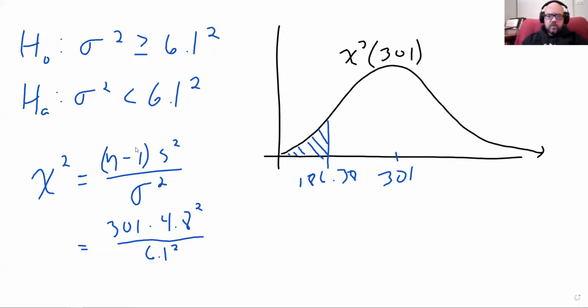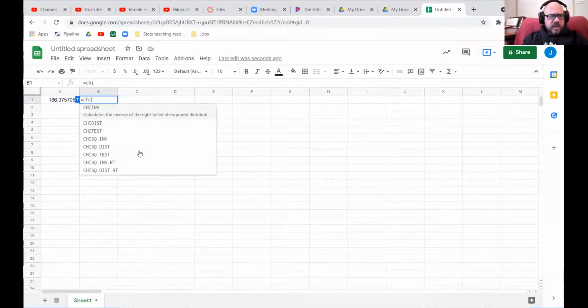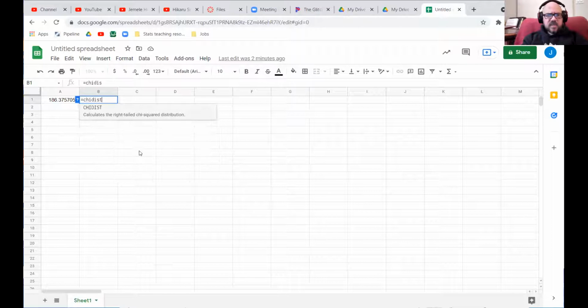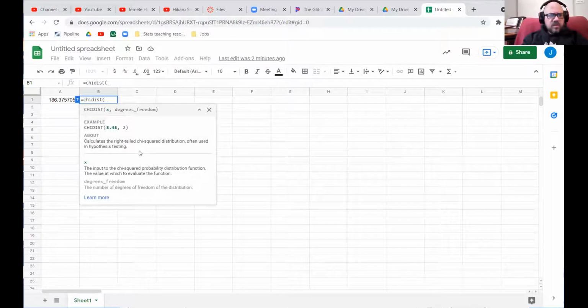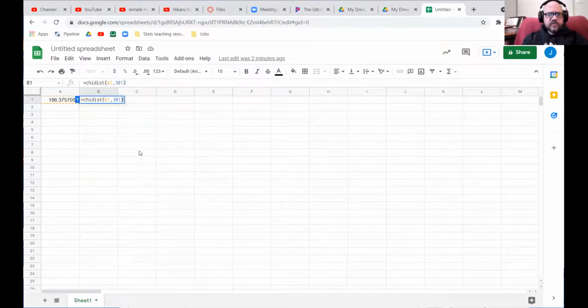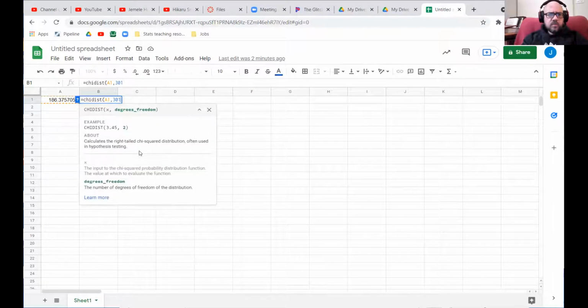All right, so we're going to do equal chi dist of A1 with 301 degrees of freedom. Do I need it true? Okay, so it's the right-tailed chi-square distribution.